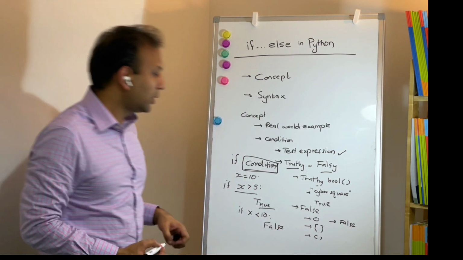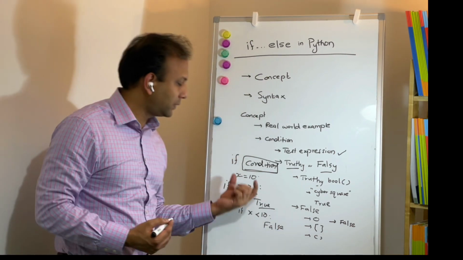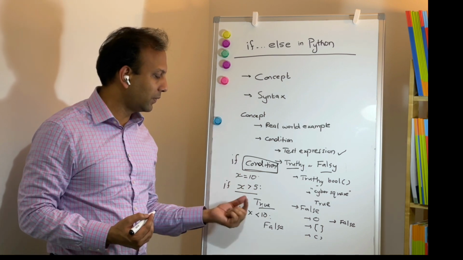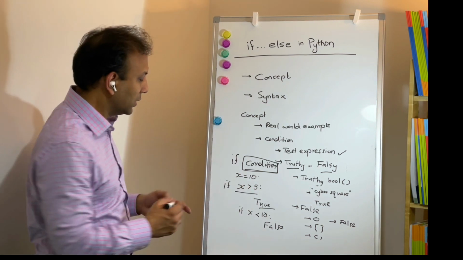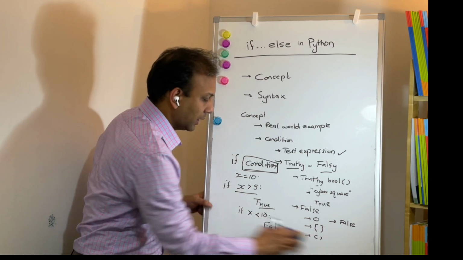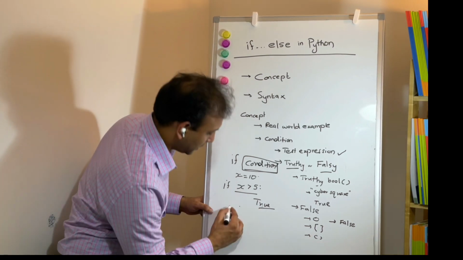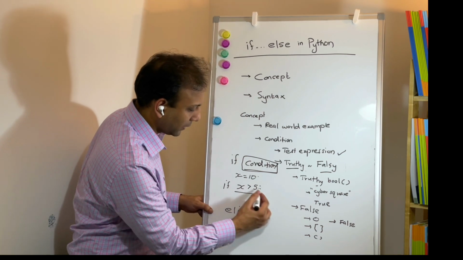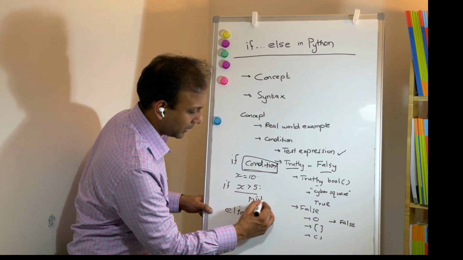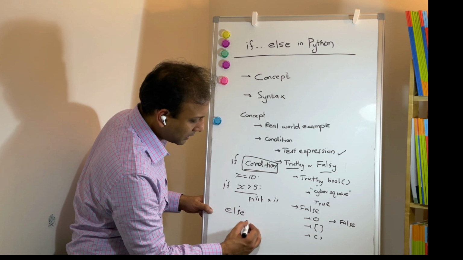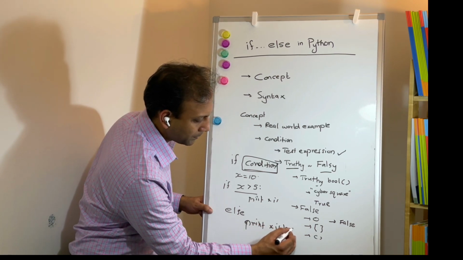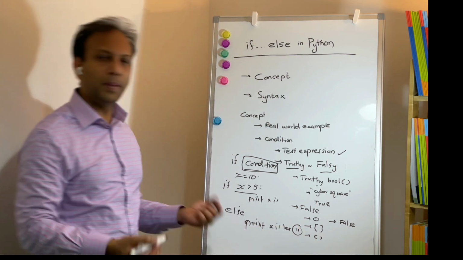Now let's assume that if the value is greater than 5, you need to do something, and if the value is less than 10, you have to do something else. Do we have to write two conditions, or can you write an else condition? Here, if x is greater than 5, you print x is greater than 5, or else you write print x is less than 11, or maybe whatever you want to write.